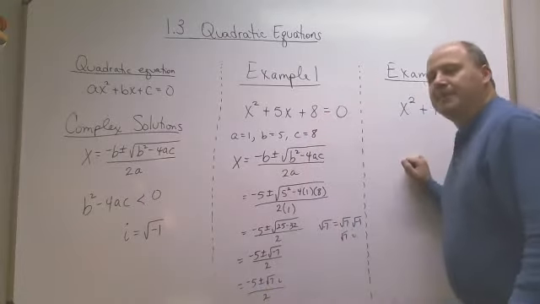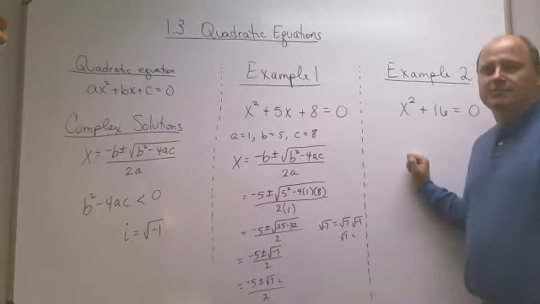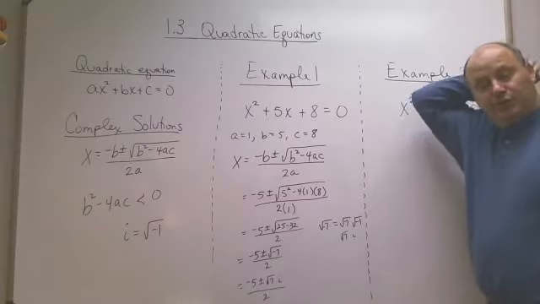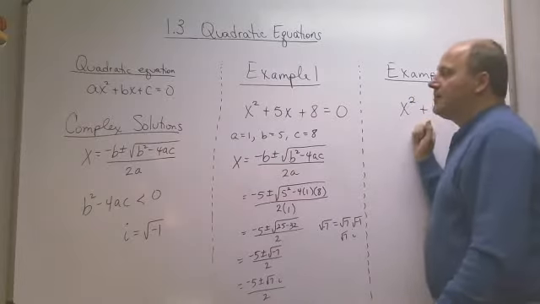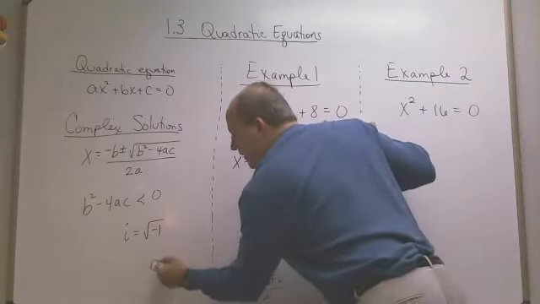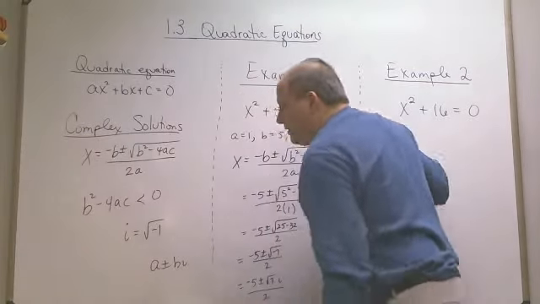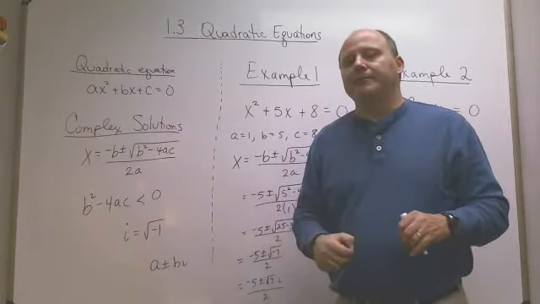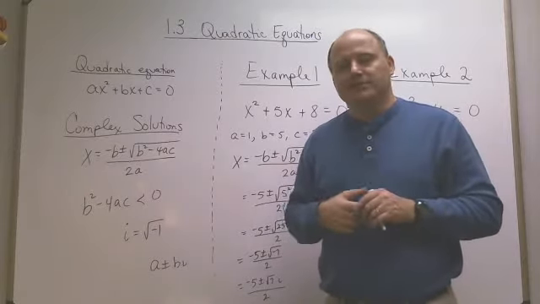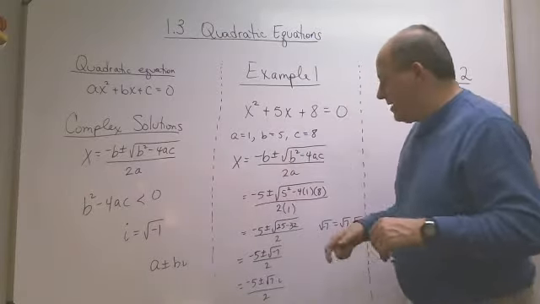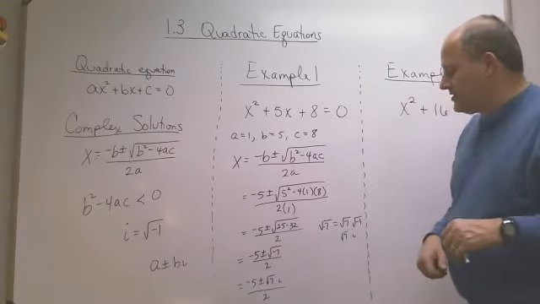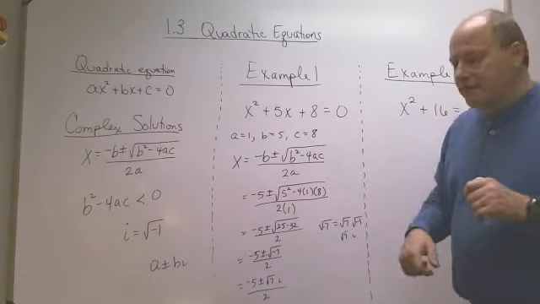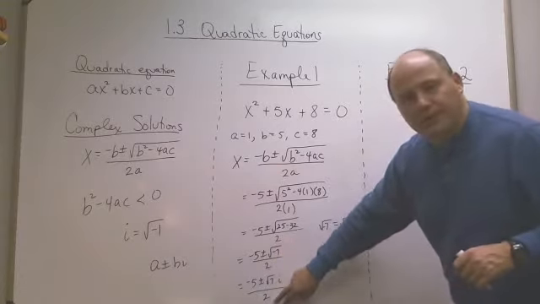Now the only thing is about form. Most teachers want you to put it in a certain form, and so complex solutions have to be put in the form of a plus or minus bi, which basically means the number that does not have an i needs to be separated from the number that does have an i. That's probably the easiest way to explain it. And so -5 plus or minus the square root of 7 i over 2. -5 over 2 is the real part of it.